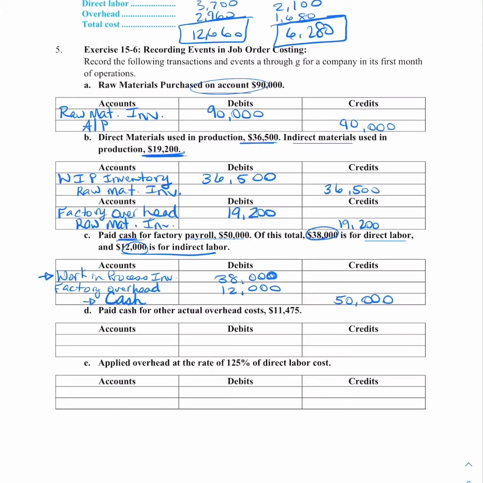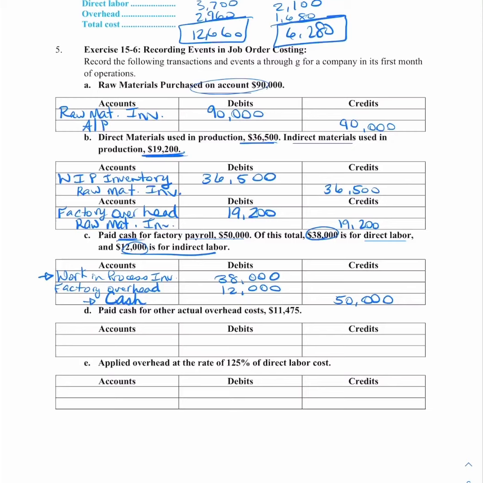Instead, you need to bring that journal entry back to balance. And so even if you couldn't remember that actual factory overhead is debited and applied factory overhead is credited, you could just look at this and say, okay, that makes sense because that balances my journal entry. It's not the ideal way to do it by any means, but it will work.